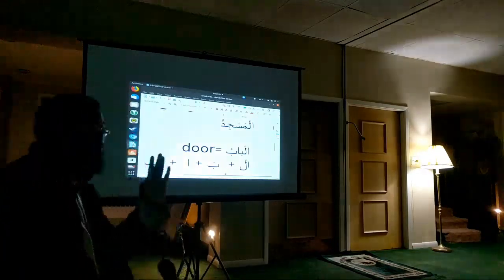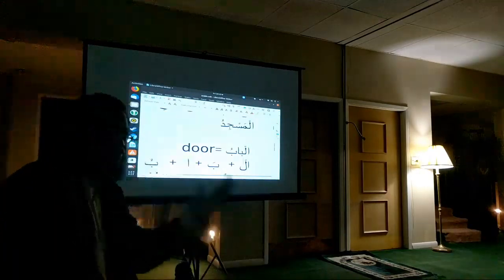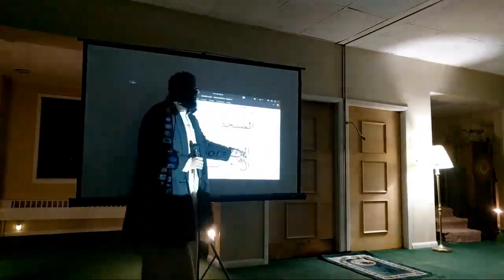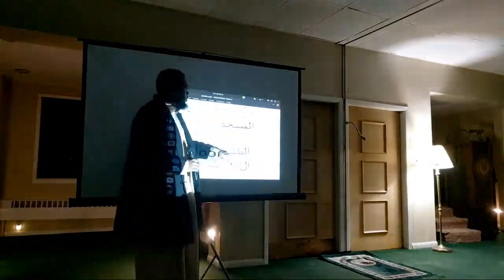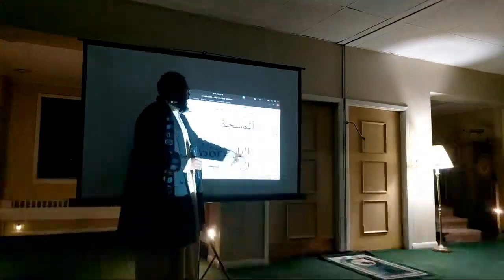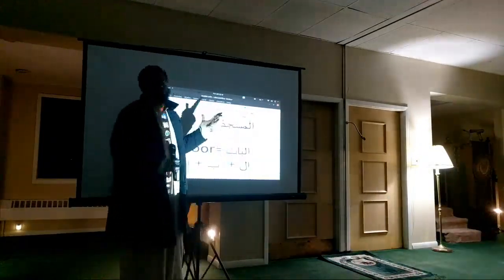In English, you have the presence of "the" and the absence of it that makes something definite or indefinite. In Arabic, it's either the alif and lam at the beginning, or tanween at the end. So al-babu, the door. Babun, a door.